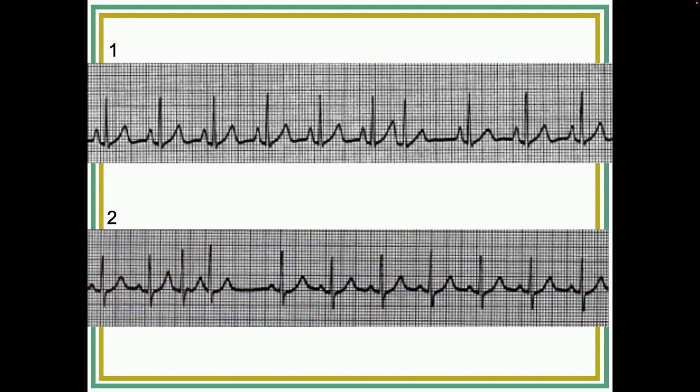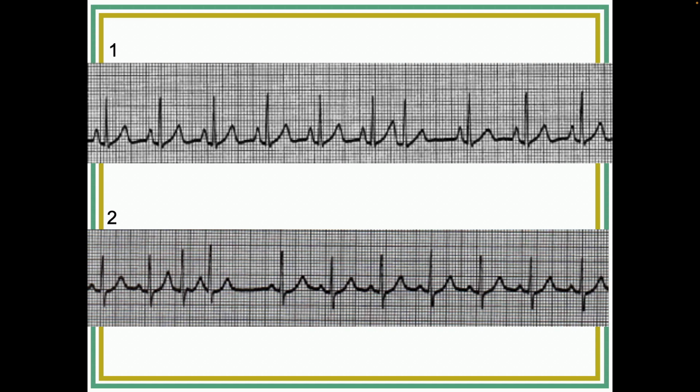Okay, what I want you to do, I just want to make sure you've got this: if you start off and find the regular R to R interval, then this one comes in early and this one comes in early, okay?